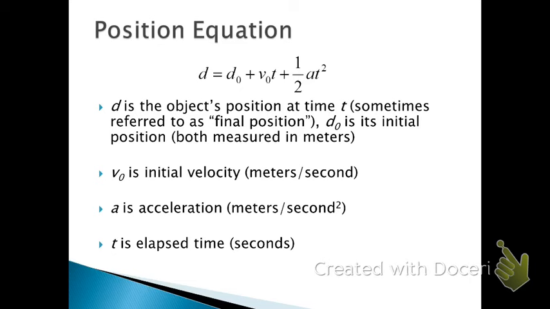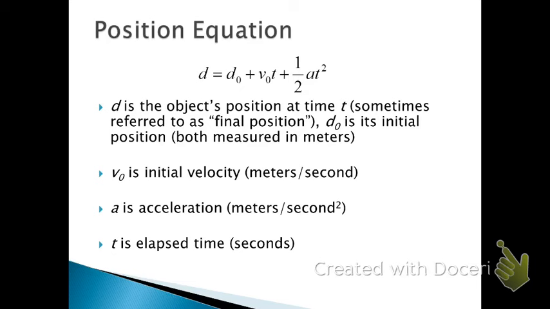I like to refer to it as its position at time t. Because if I'm undergoing some sort of motion, with this equation, you're not only going to be able to tell me where do I end up, you'll be able to tell me where am I at any given point throughout my motion. So in 1 second, 2 seconds, in 3.765 seconds, where am I? And that's what this equation is useful for.